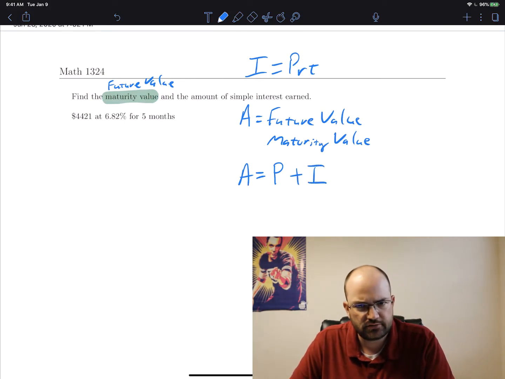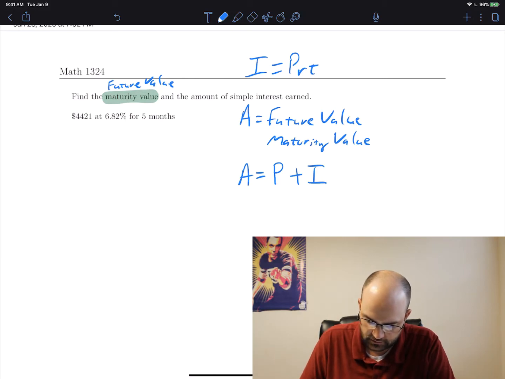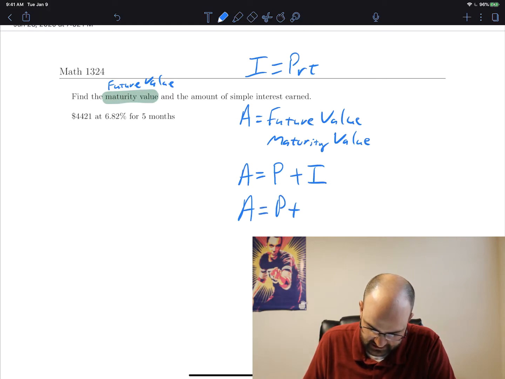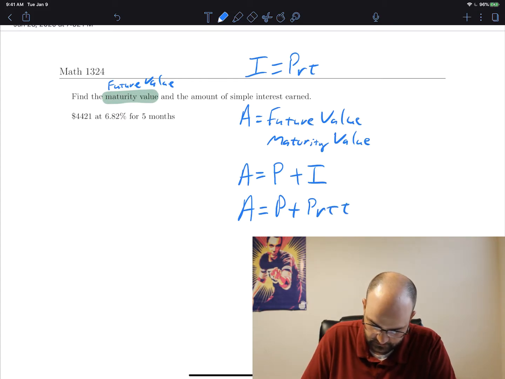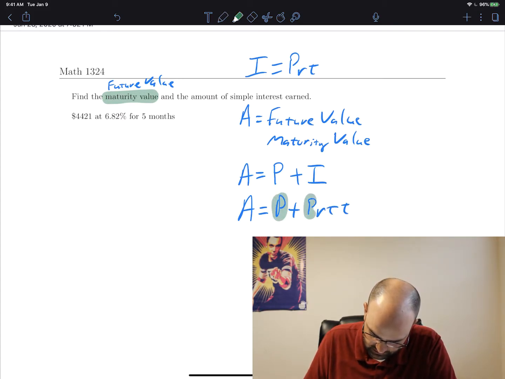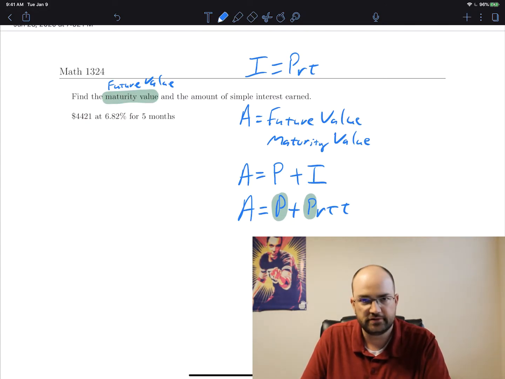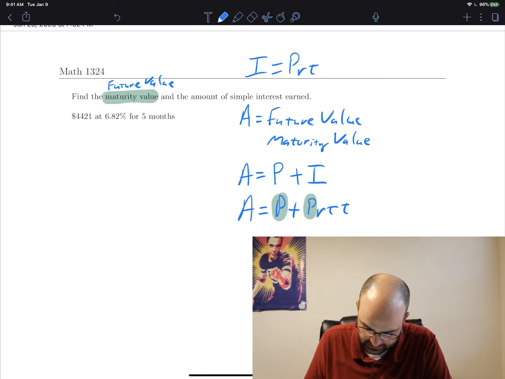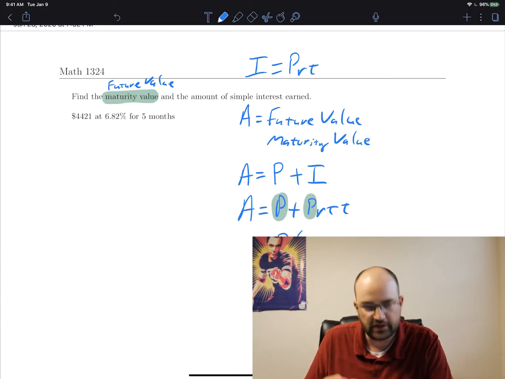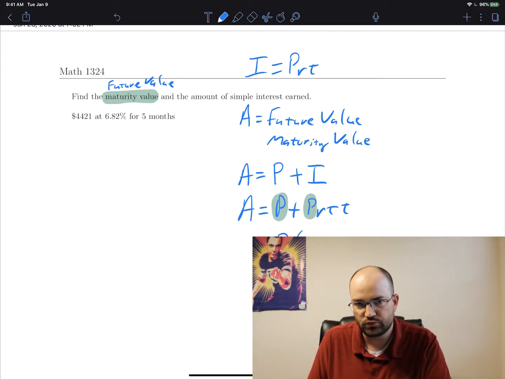Now, this formula is going to be used quite a bit in this class, but if you notice, we already have a formula for the interest, PRT, because this is going to be simple interest here. So A is going to be P plus whatever I is, in this case PRT. But notice that there's a P here and a P here. There are two terms with the same factor, so that is a common factor, which means I can factor that out. And when I do that, I need to divide by P for each one of those factors.